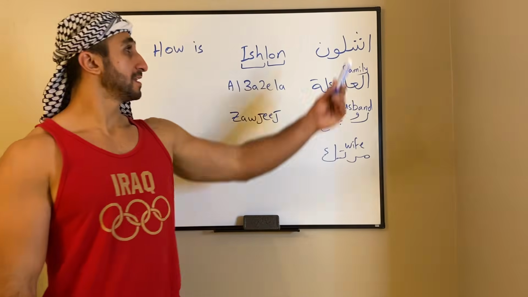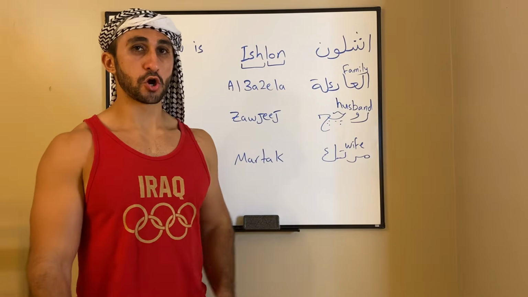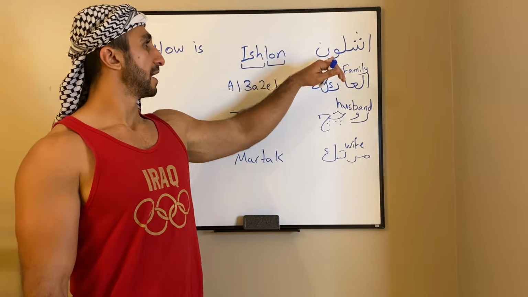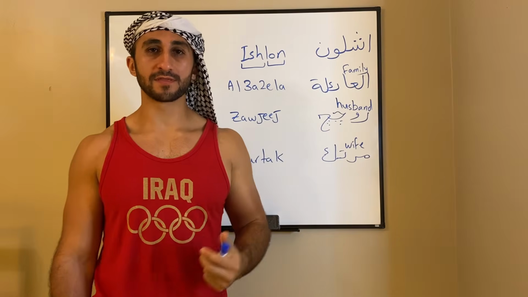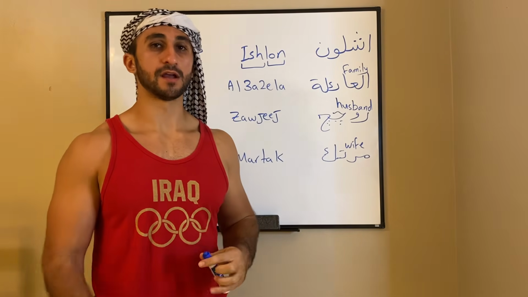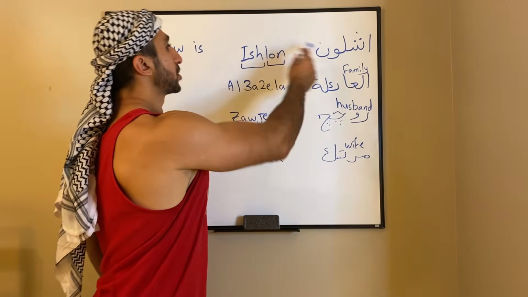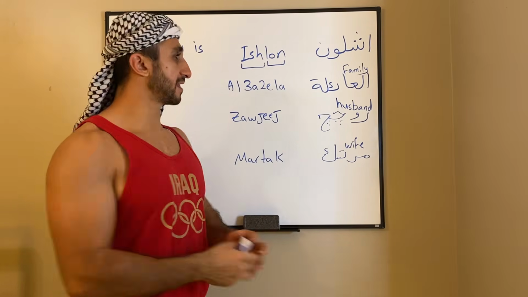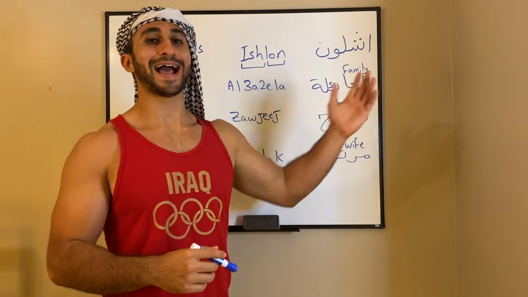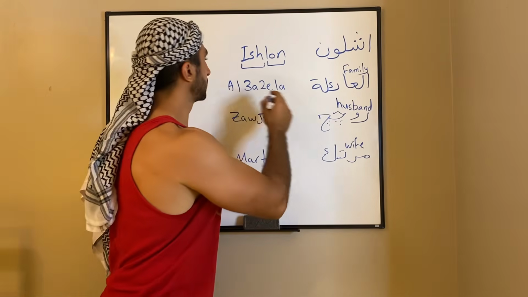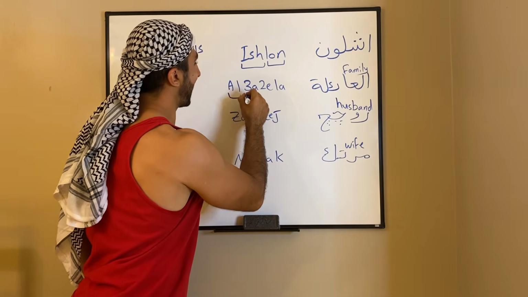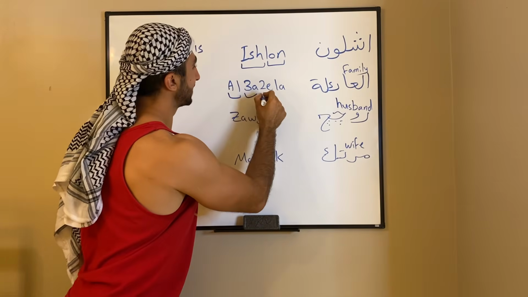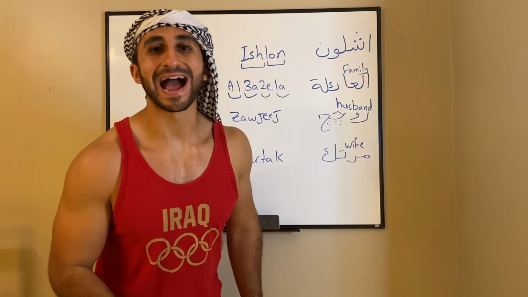All right? So now I left the verb شلون at the top because you could ask about 3 other important things that I just included in here. All right? So, شلون, as I said earlier, is how is. And you could use this with a lot of things. So now, the next part is al-aila. This is family. So you have al-aila.